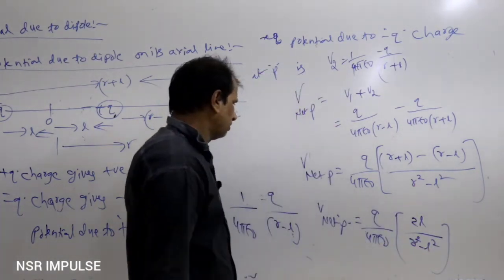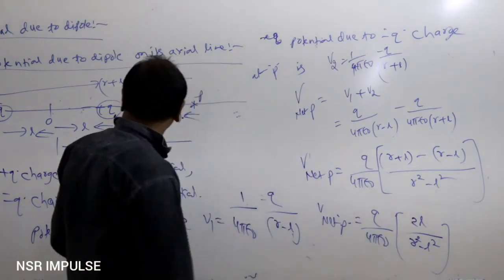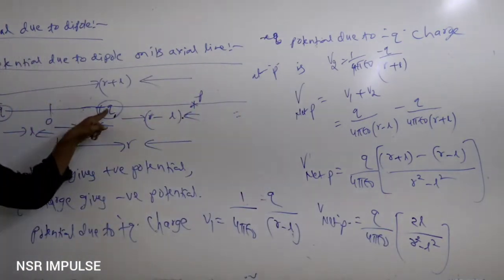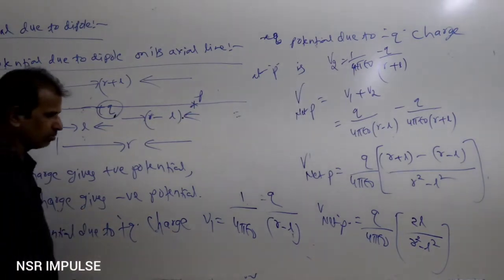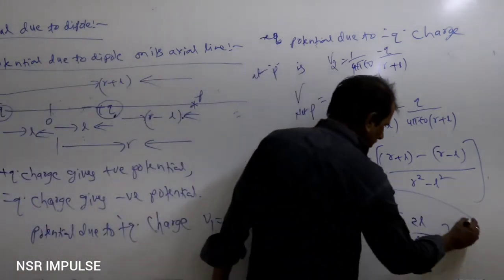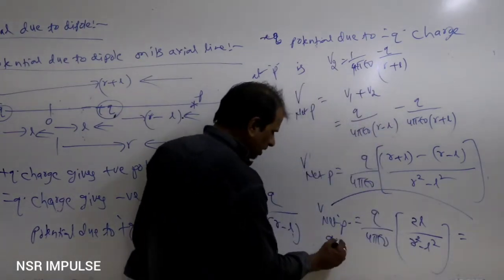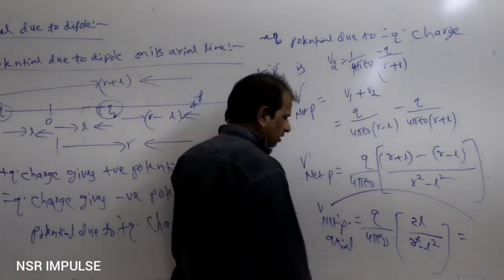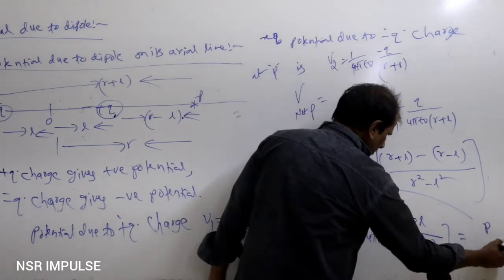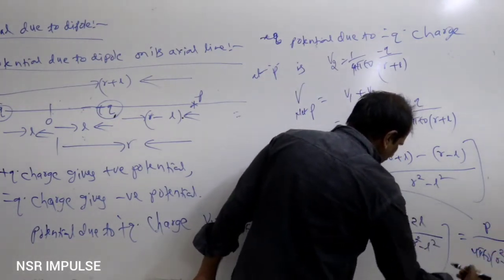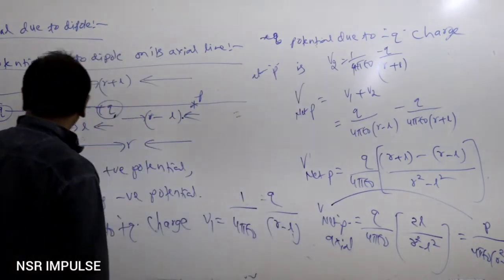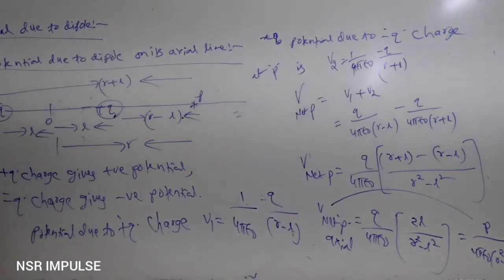This is the formula. q into 2L is nothing but dipole moment, the product of one of the charges and the distance between two charges is called dipole moment. So the net potential at point P on the axial line is equal to q into 2L, that is P, by 4 pi epsilon naught r square minus L square.